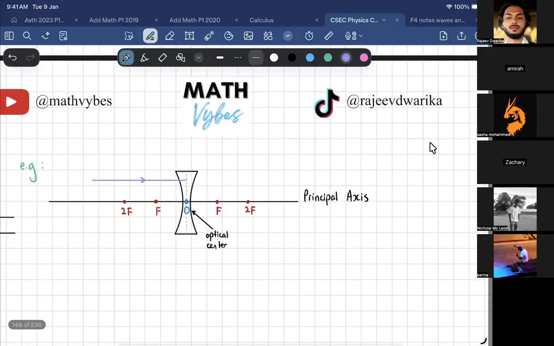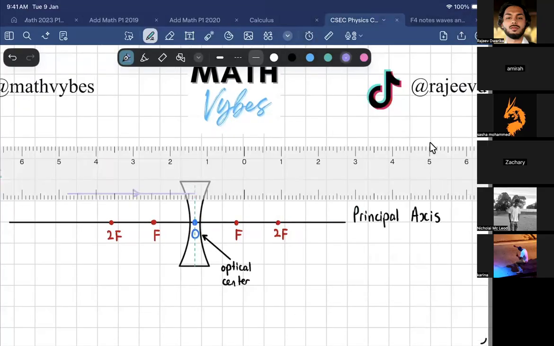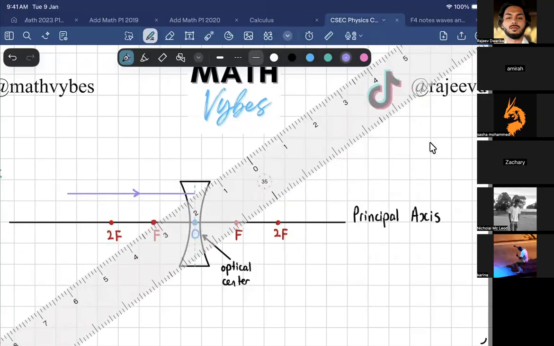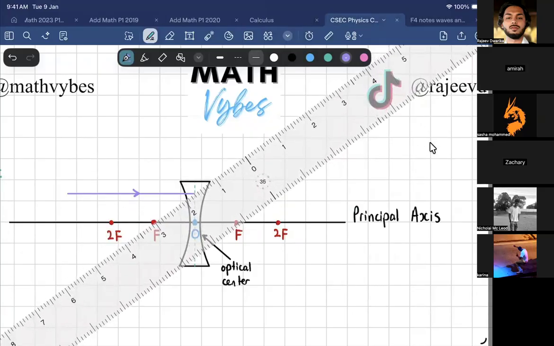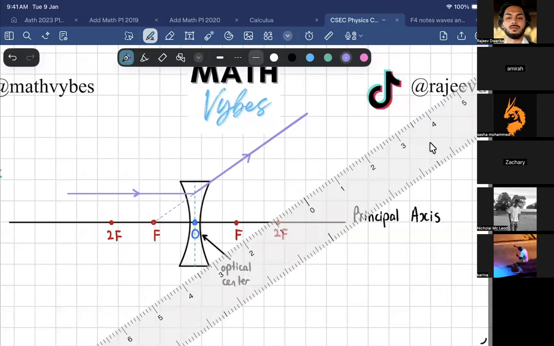So let me show you what I mean by that. I'm going to put on a ruler here, and I'm going to align my ruler with the focal point. I don't know if you guys understood that.